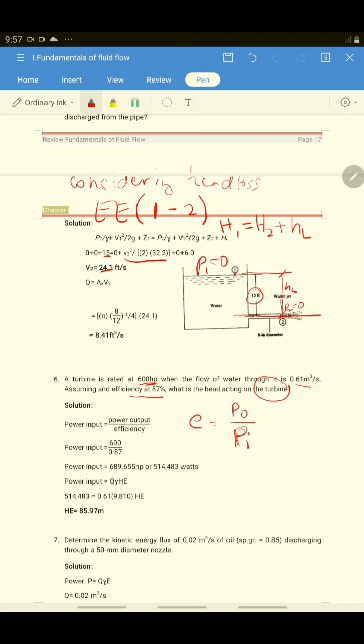So the head acting on the turbine is equal to 85.97 meters. Remember that the power input of the turbine is the flow energy.